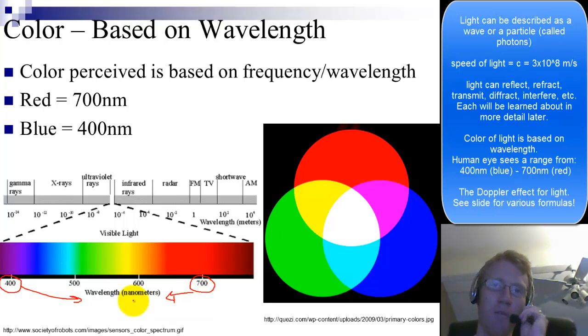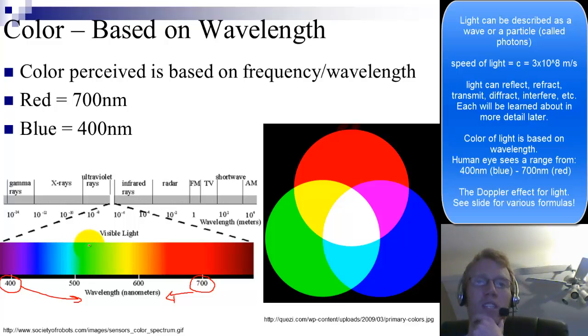Obviously, every person is a little bit different, but that's the general visible range. If light falls outside of that spectrum, the human eye cannot detect it. But of course, that doesn't mean we can't detect it using other instruments. You've probably heard of a radio telescope that detects radio waves, or infrared cameras, things like that. They're detecting light radiation that's outside of the human spectrum.